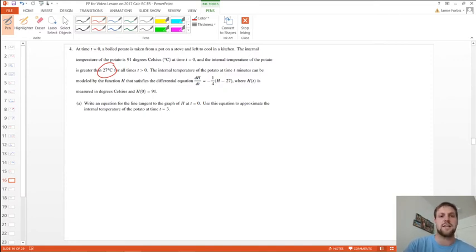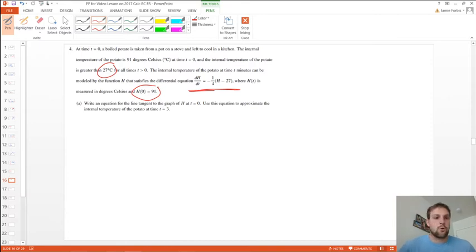So it's not explicitly telling me h, it's just telling me the differential equation, dh/dt = -1/4 (h - 27), where h of t is measured in degrees Celsius, and our initial condition is h of 0 equals 91. So it looks like an exponential decay type problem, which we've done problems like this, but let's just take it one question at a time and not try to overwhelm ourselves.